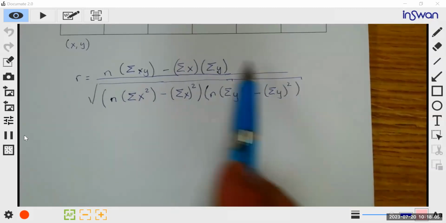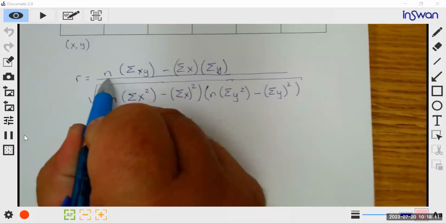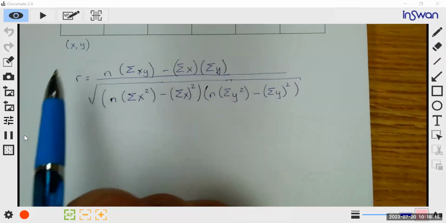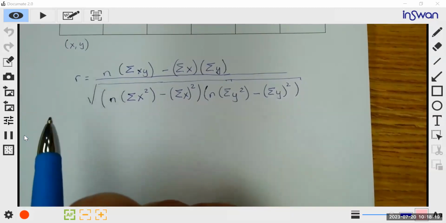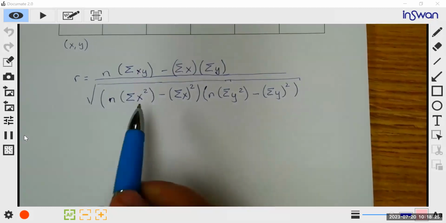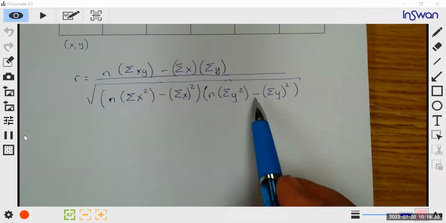Now, this formula tells us what we need to find. How do we find n? Just count how many ordered pairs we have. Because if you notice on the bottom, both of these are identical, except this is x's and this is the y's.